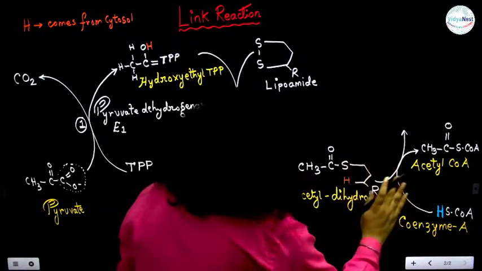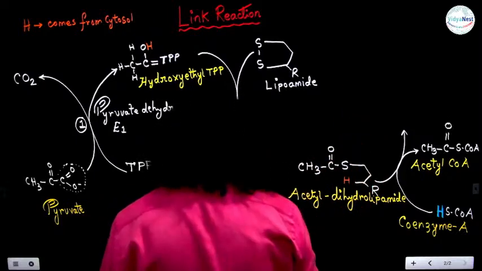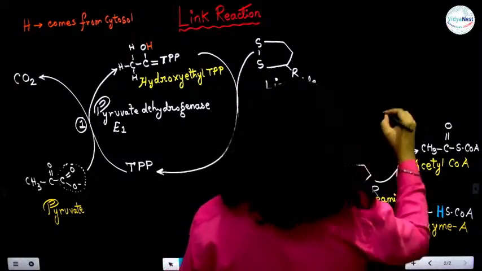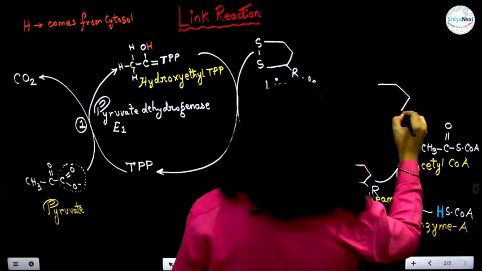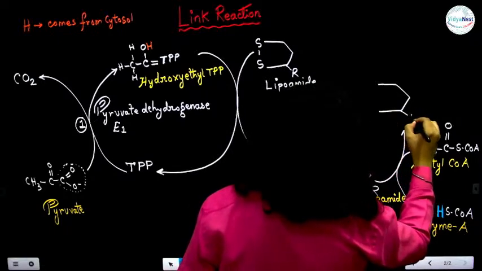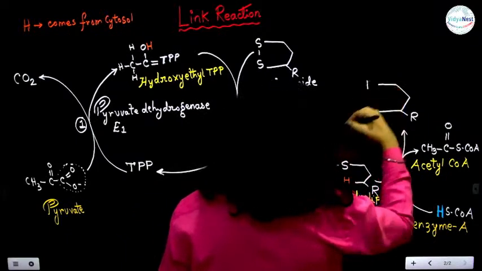So now in this way acetyl CoA is formed, and this particular structure will change. This particular structure will be taking this part. Hydrogen, now this hydrogen I have to write in this color.